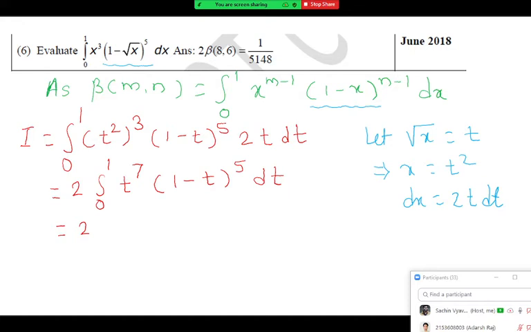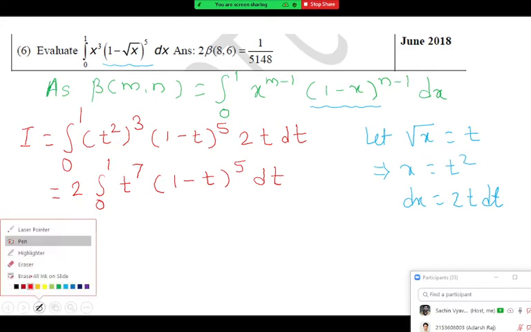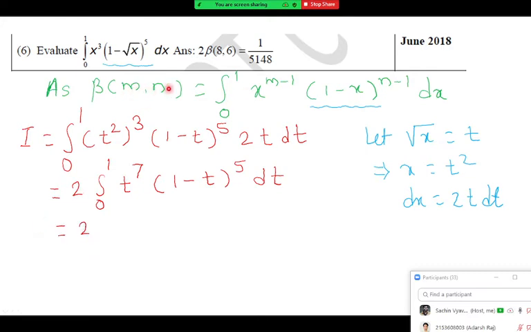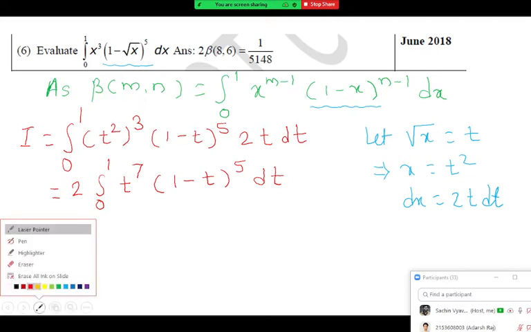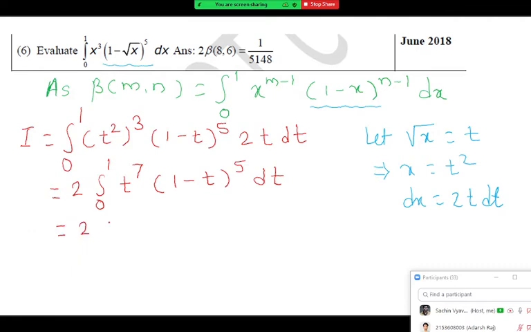Just compare with the definition here. Beta m, n is the integral 0 to 1 of x raised to m minus 1, (1 minus x) raised to n minus 1 dx. Then the integral 0 to 1 of t raised to 7, (1 minus t) raised to 5 dt can be written as a beta. So what should be the answer? Yes, sir, beta 8 comma 6. So yes, that's correct.